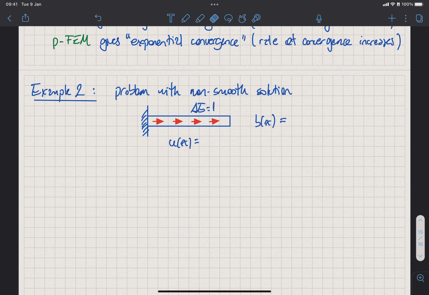Let's say b of x is lambda times lambda minus 1 multiplied by x to the power of lambda minus 2. And lambda is just a constant that is specified by the user.